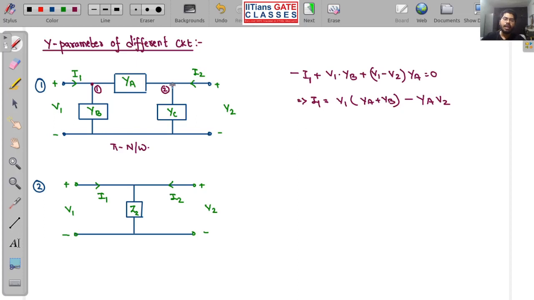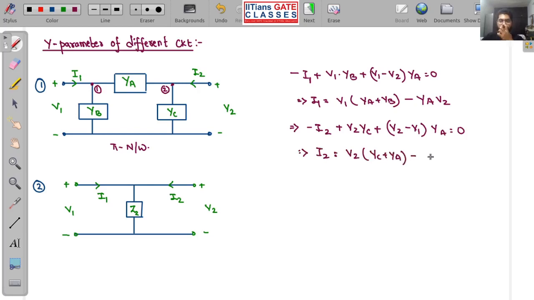If I similarly write the KCL equation for port 2, it will be: minus I2 plus V2 into YC plus (V2 minus V1) multiplied by YA equal to 0. So I can expand this as I2 is equal to V2 into (YC plus YA) minus YA into V1.